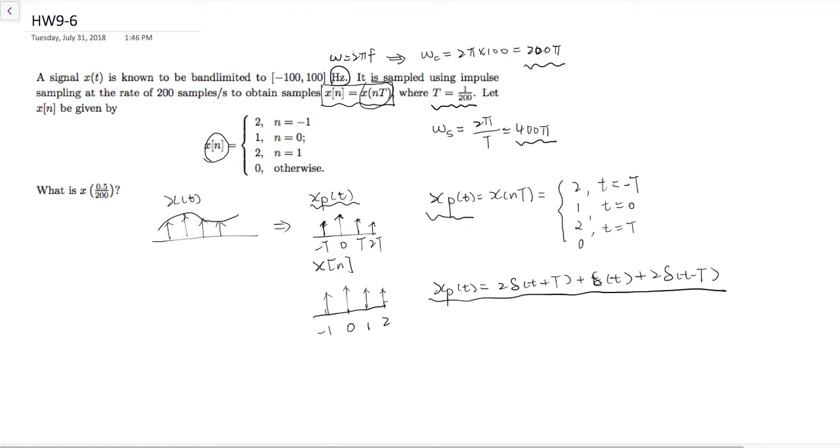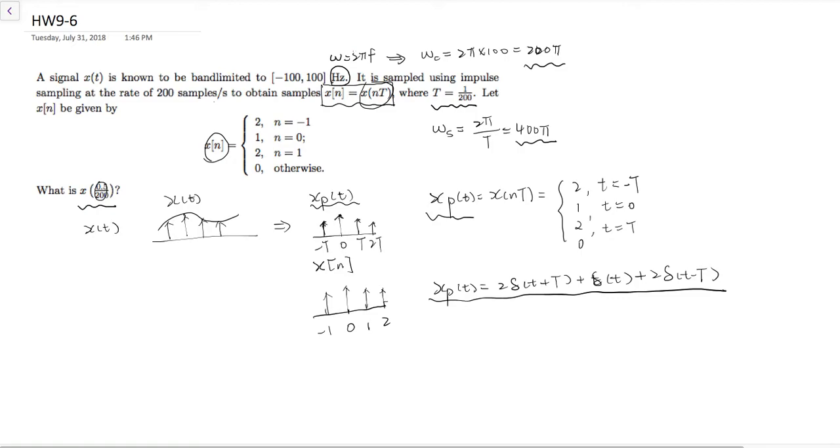This is our sampled signal. It's a DT signal with a CT magnitude. What we want to calculate is x(t) when t equals this thing over here. So we want to know what x(t) is.